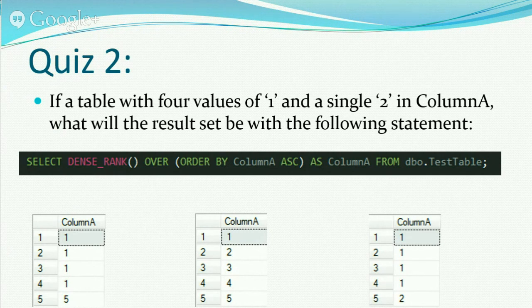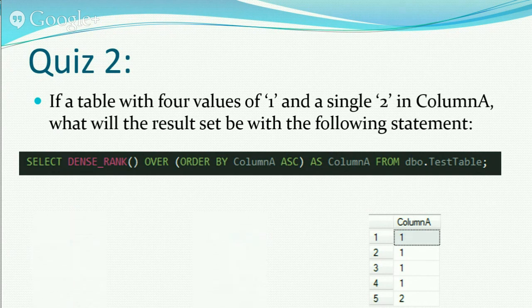Which picture will represent the result set? A result set where all the rows except for the last one is 5. A result set where the row numbers match the values. C, meaning the rightmost one. Yeah, I should have labeled those. Yep, the one on the right is correct.